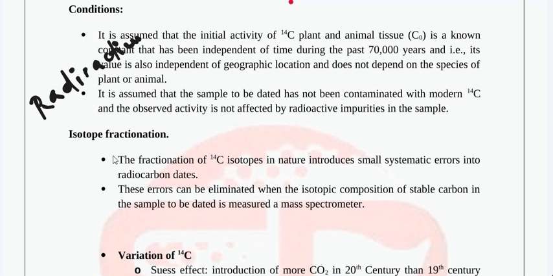So in radioactivity, the system should always be closed. That's why in uranium-thorium dating there are concordia and discordia, because the system deforms easily. So, isotopic fractionation.